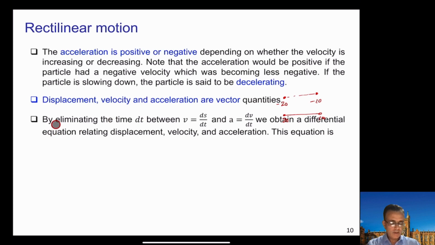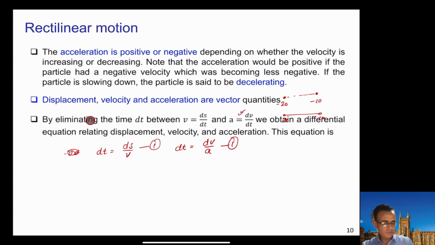Okay, now if we eliminate dt from this equation and this equation here, because v is equal to ds by dt and a is equal to dv by dt, the first equation will become dt, which is ds by v, and the second equation will become dt, which is dv by a.